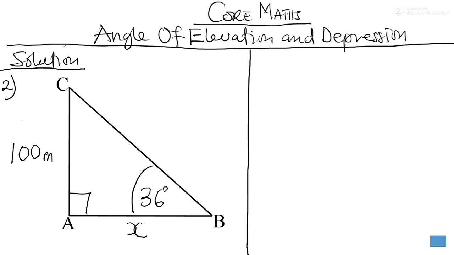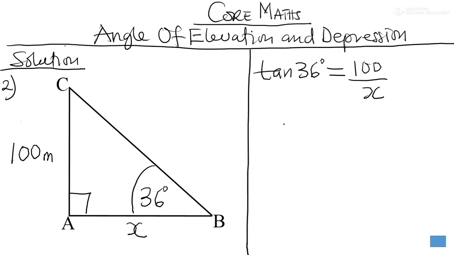Okay, so here the 100 is opposite to the 36, and then the X is adjacent to the 36. So which trig ratio will be appropriate? Tan. Good. So now tan 36 degrees will be equal to opposite, which is 100, over adjacent, which is X. So here also we have to make X the subject.